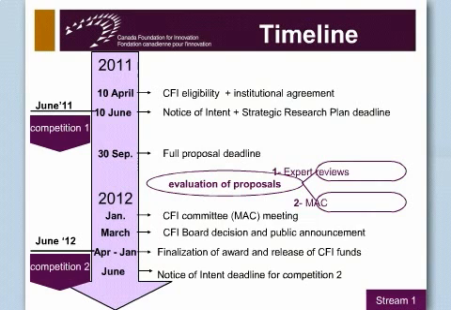Okay, so two weeks ago was the notice of intent deadline, and also the deadline for the strategic research plans. There is no formal assessment of the notices of intent except for an administrative review. So all those that have submitted a notice of intent can submit a full proposal.